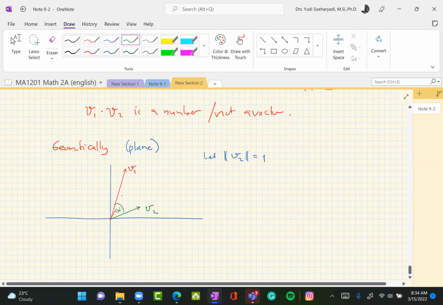The cosine part is the horizontal part of this angle alpha. That means you're going this way, so you have this length.